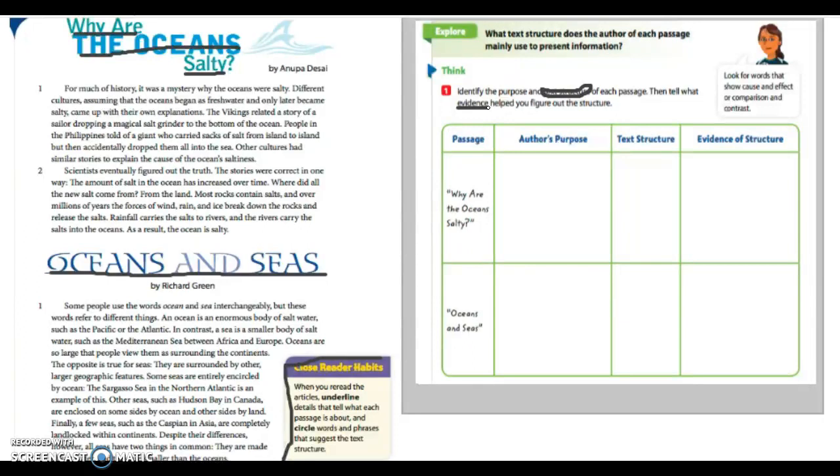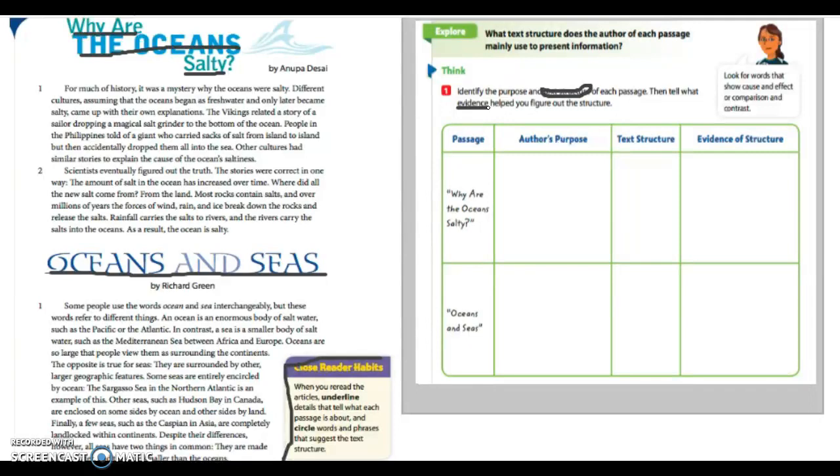The Vikings related a story of a sailor dropping a magical salt grinder to the bottom of the ocean. People in the Philippines told of a giant who carried stacks of salt from island to island, but then accidentally dropped them into the sea. Other cultures had similar stories to explain the cause of the ocean saltiness.